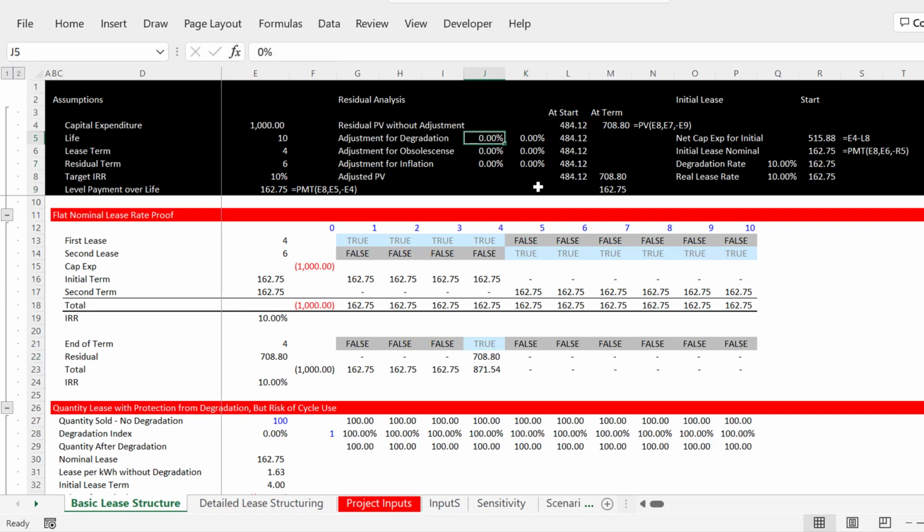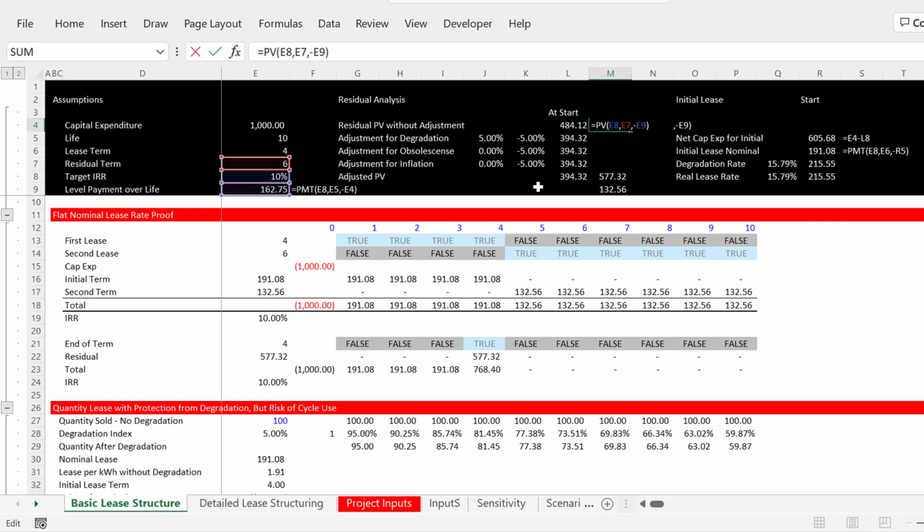Now let's put some degradation. Let's put 5% degradation. That's enormous. So we could take this present value, and then I'm going to take that degradation and let's set the term to be 6.